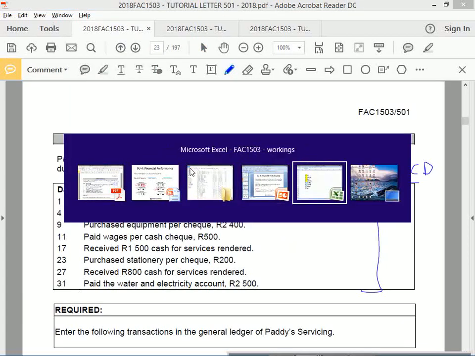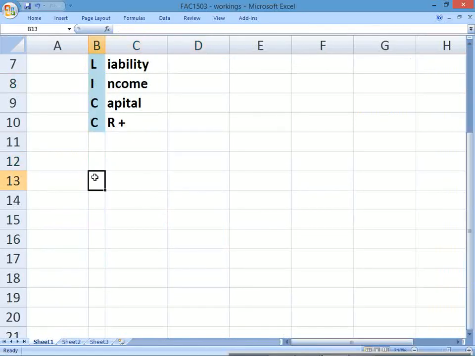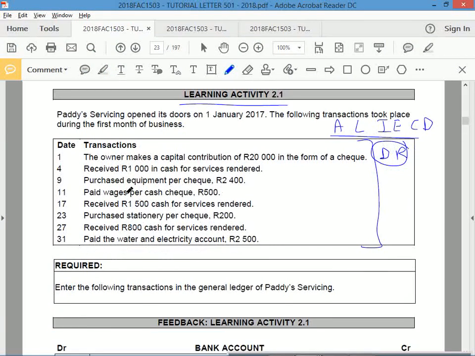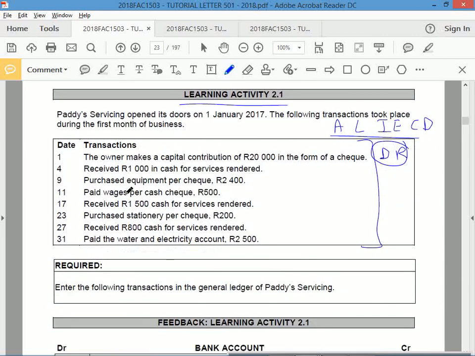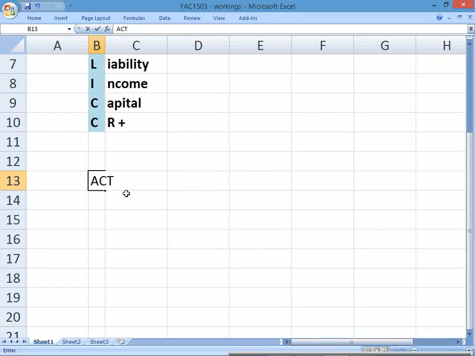Okay, so I'm going to do this on a separate page. Activity 2.1, page 23.